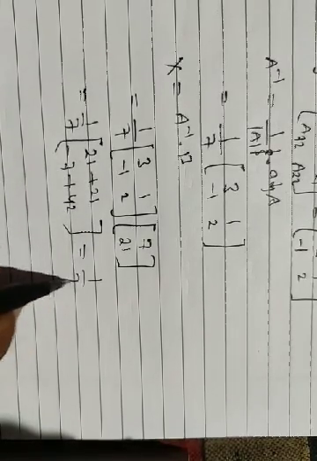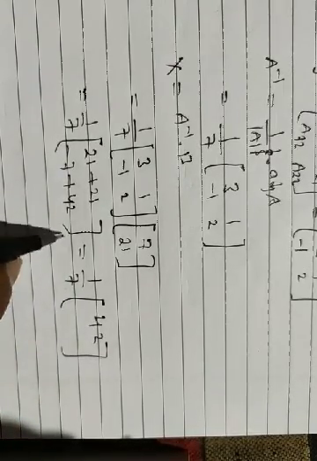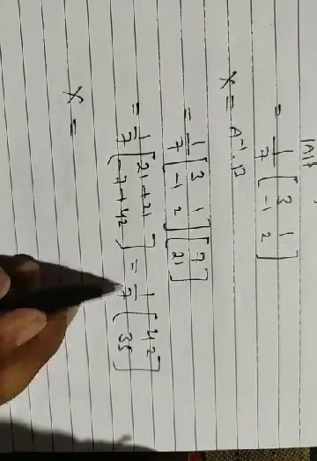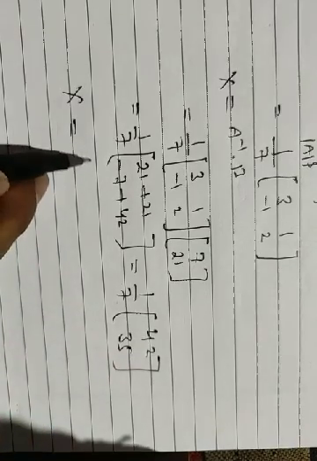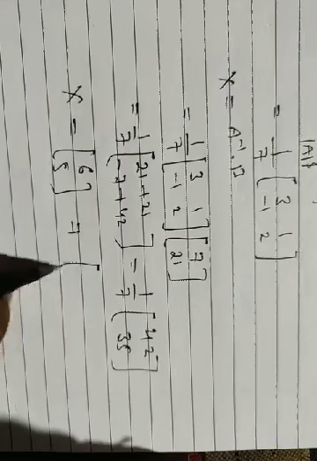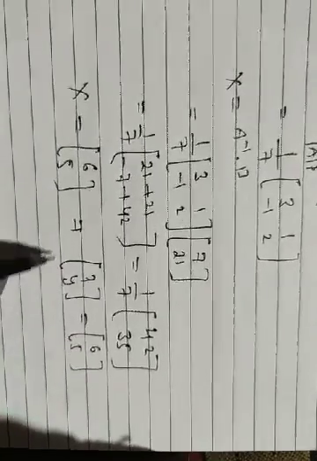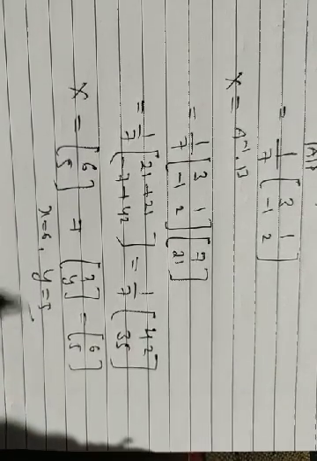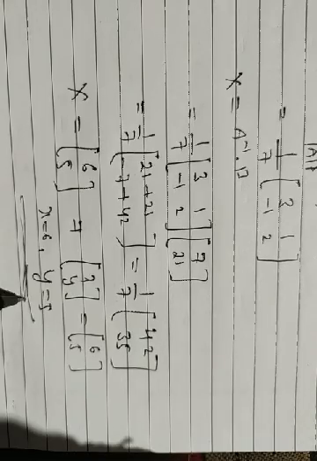What do we get? 1 by 7, here we get 42, here we get 35. Then x, y is equal to 6 and 5. Then we get x equal to 6 and y equal to 5 there, which is our required result.